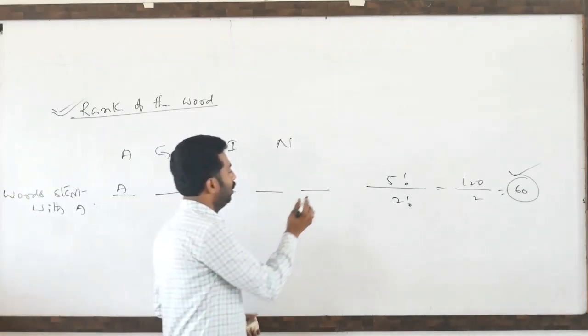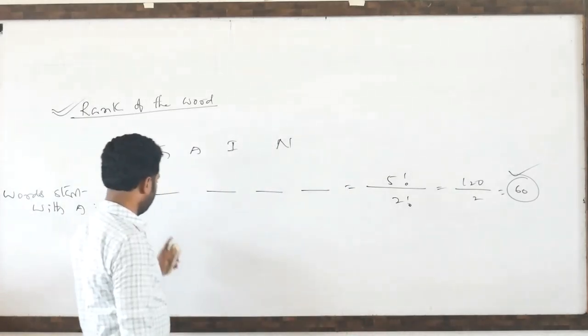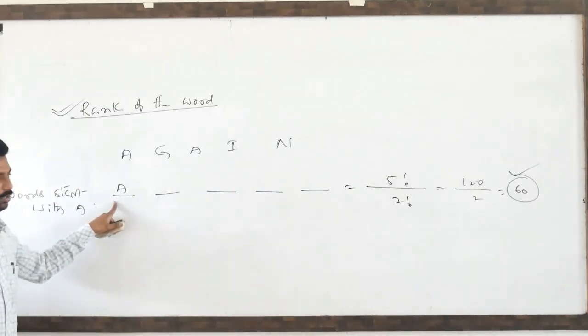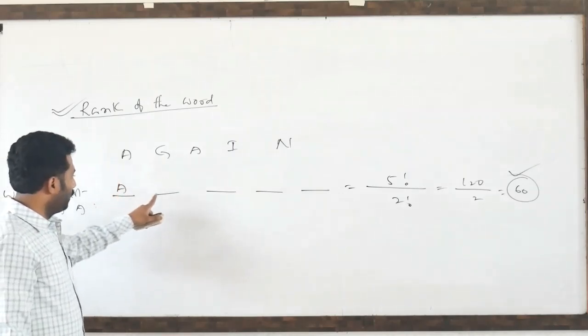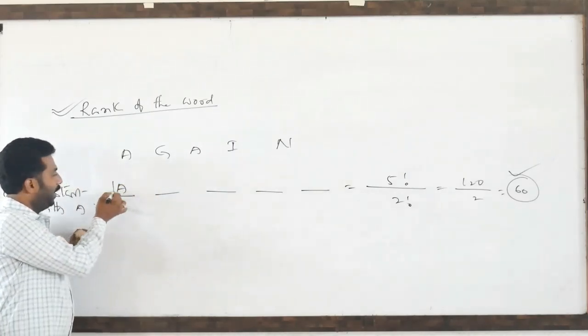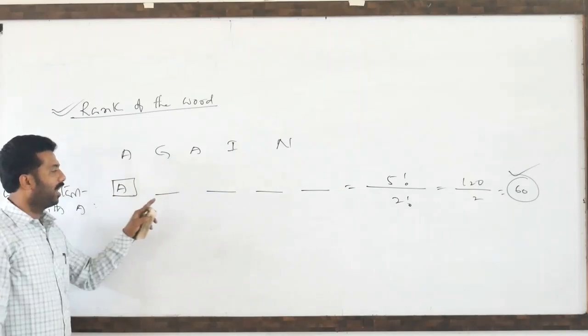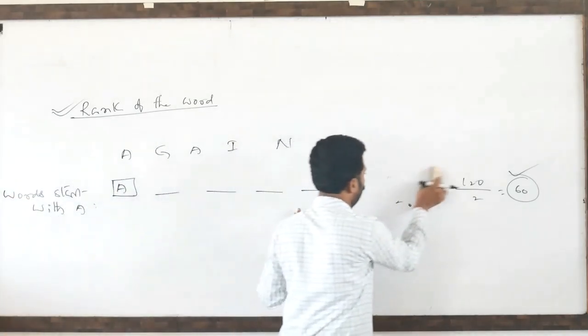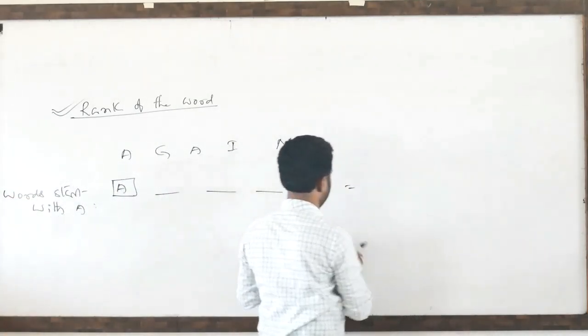See here, total 5 factorial. So this is for words starting with A. Then how many blanks remain? 4 blanks. So you write 4 factorial.